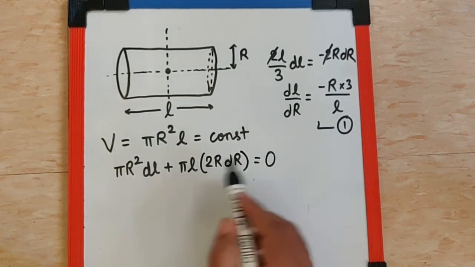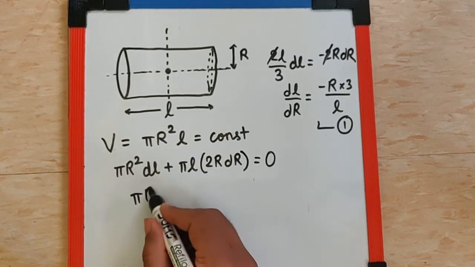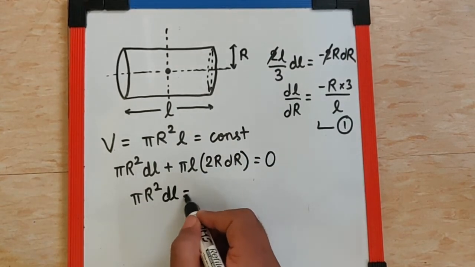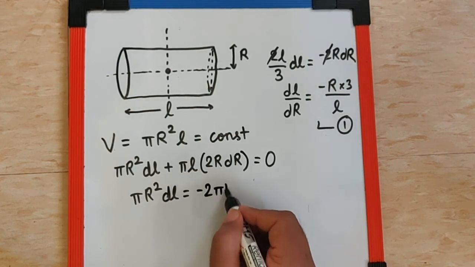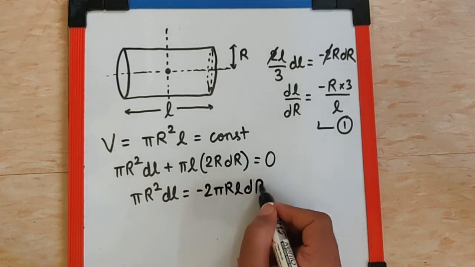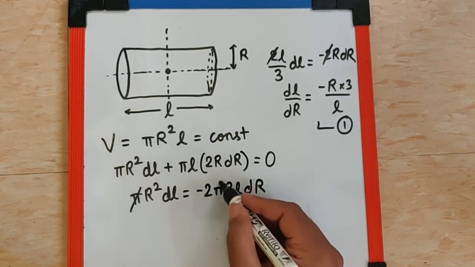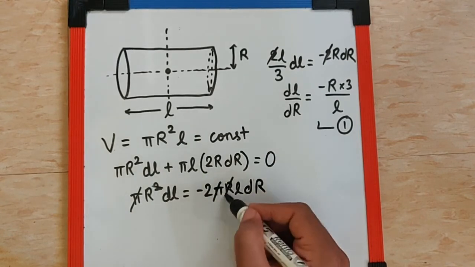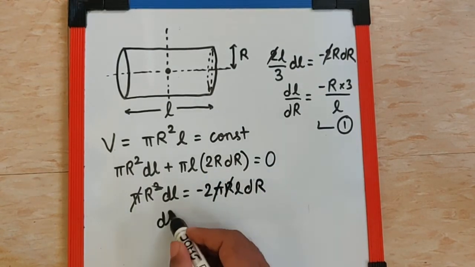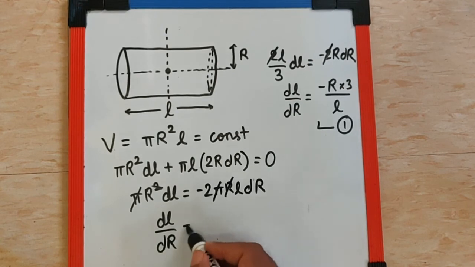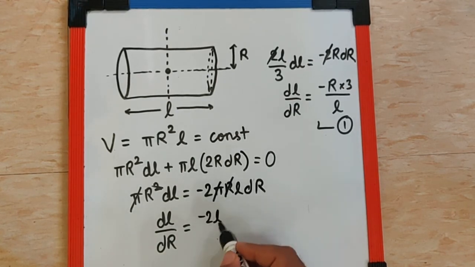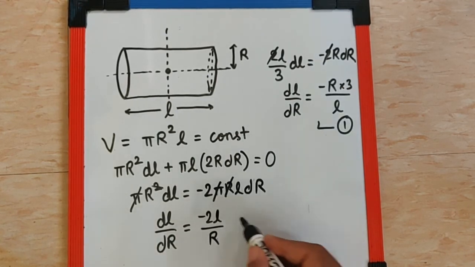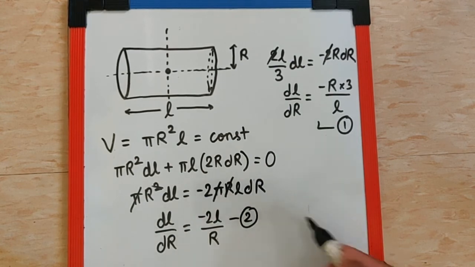So if we take this on the other side, we get pi R square dL as minus 2 pi R L dR. So definitely pi gets cancelled, one R gets cancelled, and so we get dL by dR as minus 2L by R. Now this we can consider as equation number 2.